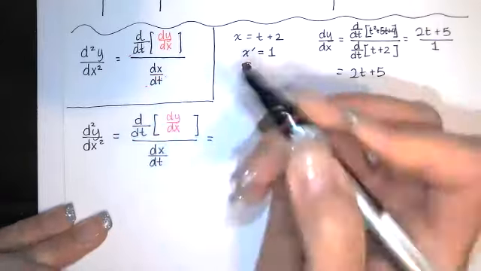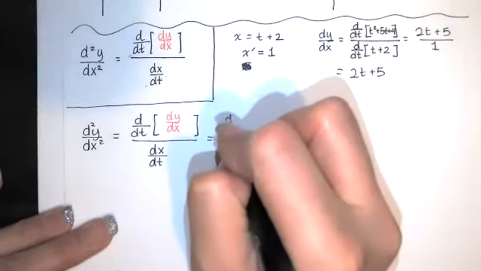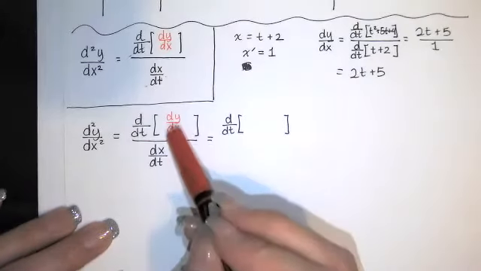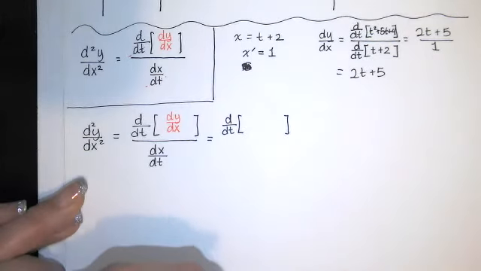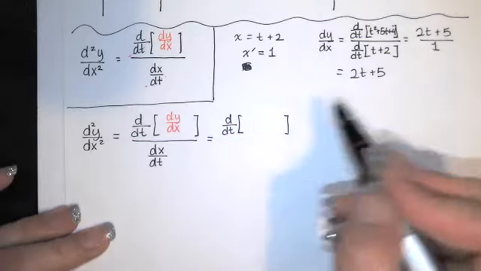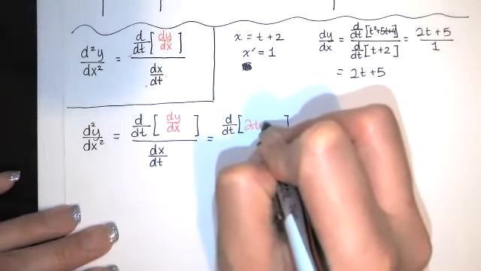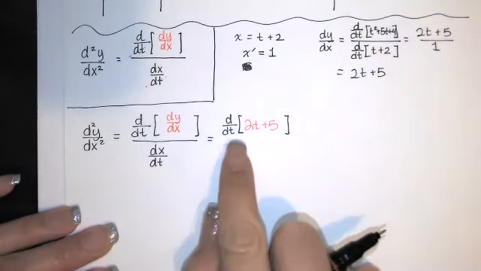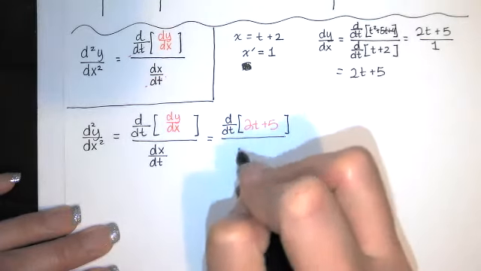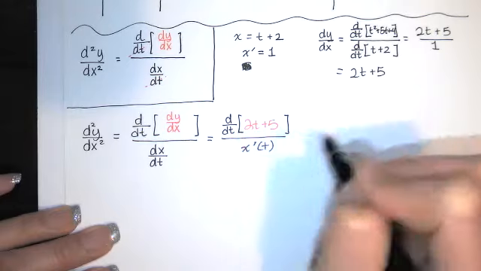So if somebody asked me to find the second derivative of y with respect to x, I'd write down my formula. And then I would take the derivative of y with respect to x, which I just found when I found the first derivative. That's right here. I know it doesn't have any x's in it, it has a t in it, that's okay. And we're supposed to take its derivative with respect to t. And then you divide by the derivative of x with respect to t, or if you prefer, you can call that x prime. Either way is fine.